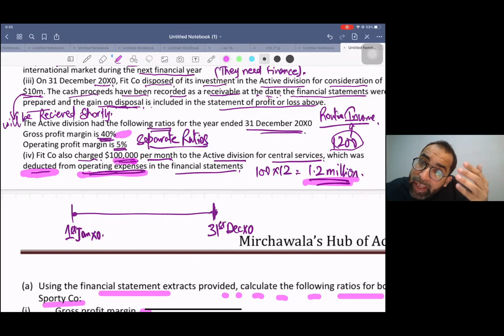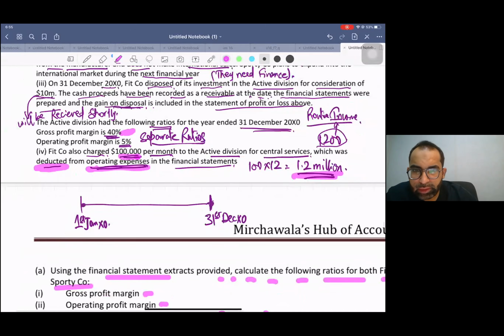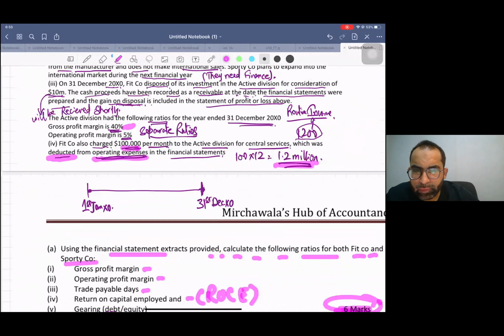So just imagine next year without the Active division. Are you getting? So this point you have to write.